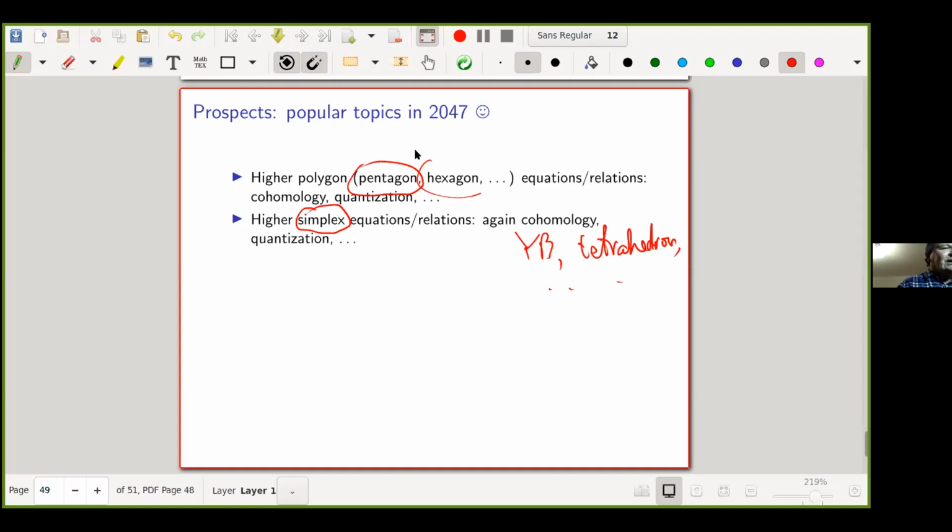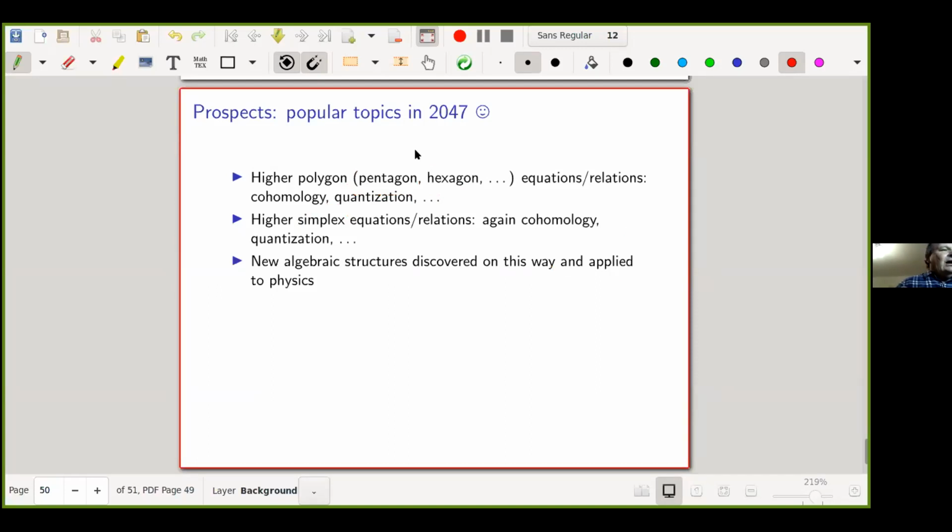So Young-Baxter and tetrahedron are more or less studied, and there are also many interesting works about pentagon, but don't forget that there are also higher equations. And maybe in the coming 27 years, some new algebraic structures will be discovered on this way. Okay, so thank you very much for listening.